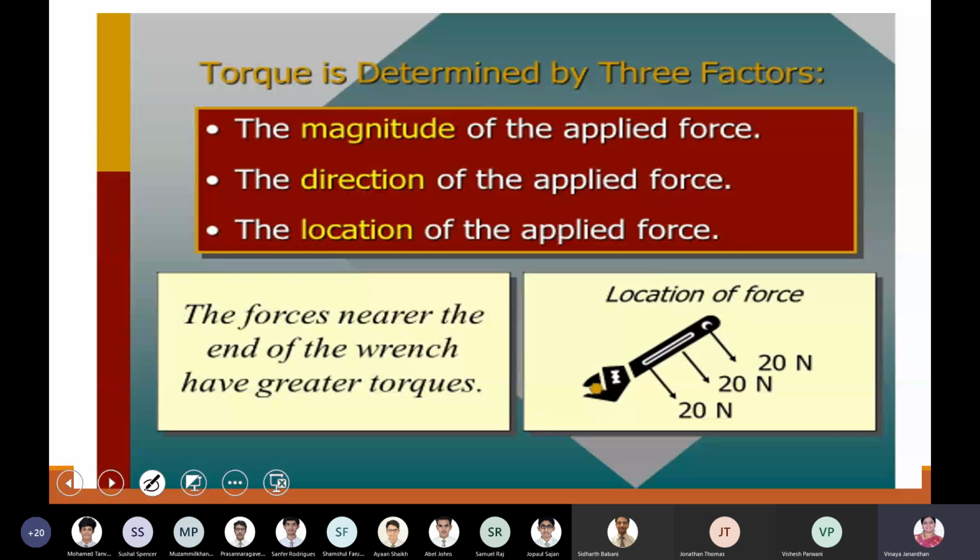Now, why direction of the applied force? Because the direction of the force applied should be perpendicular to the lever arm.